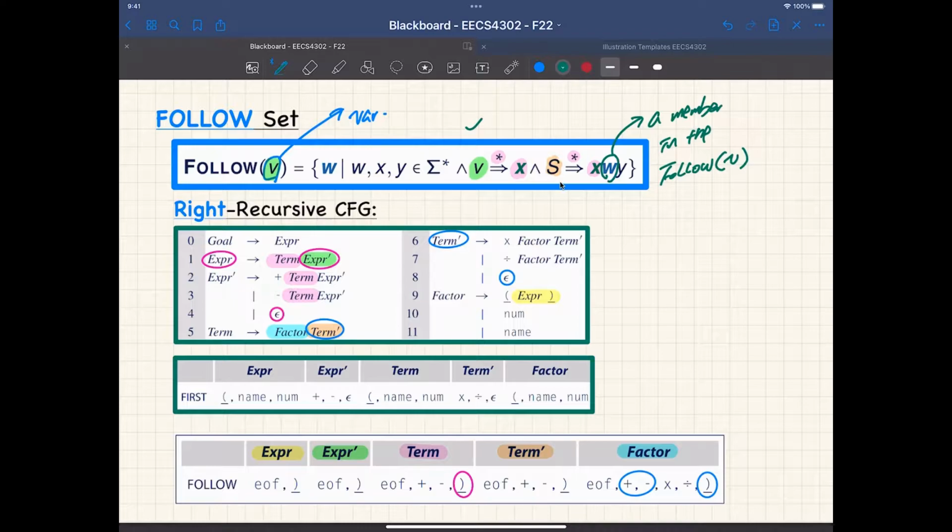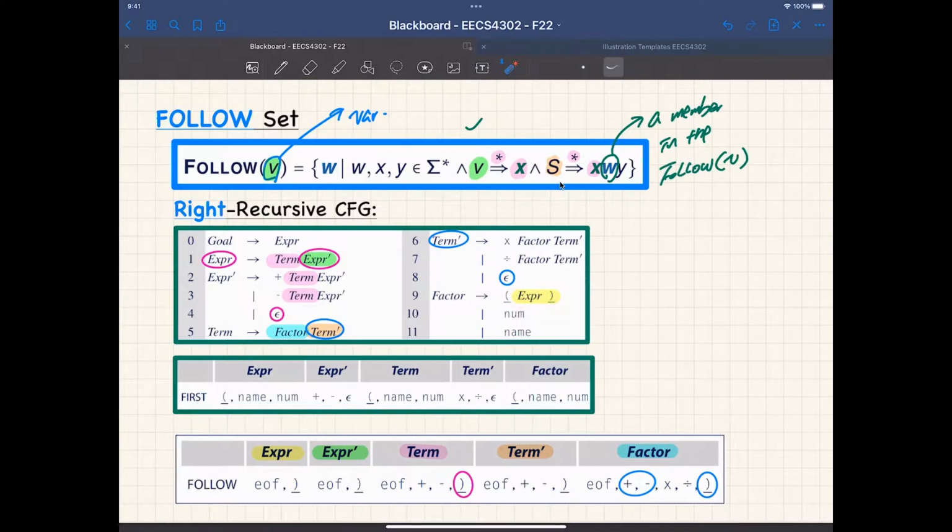Okay, let's look at some examples here. Let's say, for example, we look at expression over here. What would be the follow of expression? You can see what can follow expression will be, for example, the closing parenthesis, because once you have done expression, what can follow would be just the closing parenthesis.